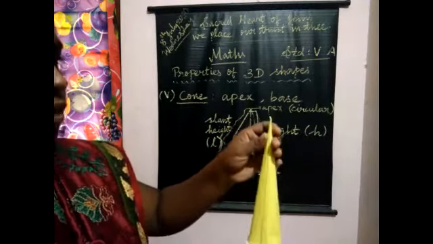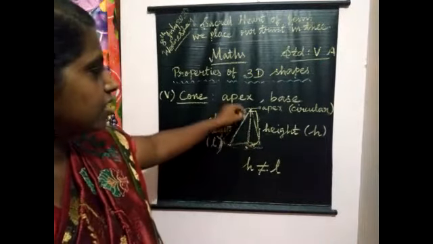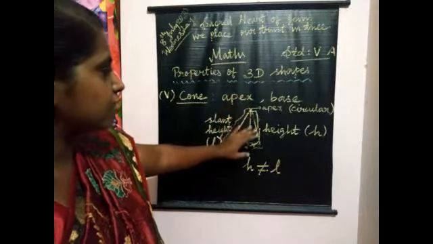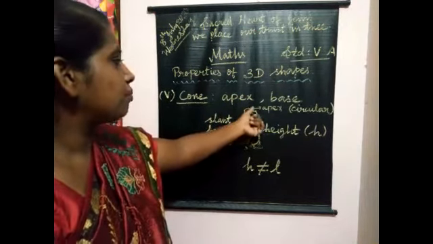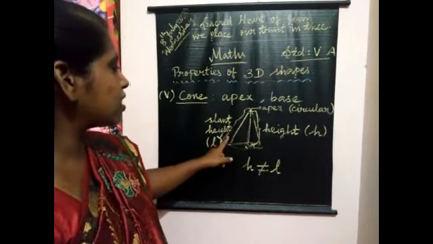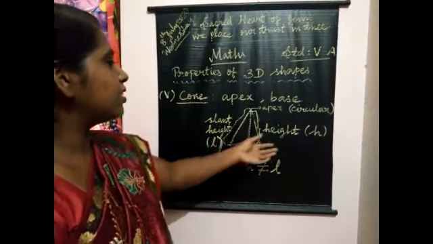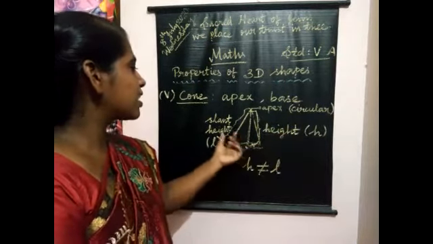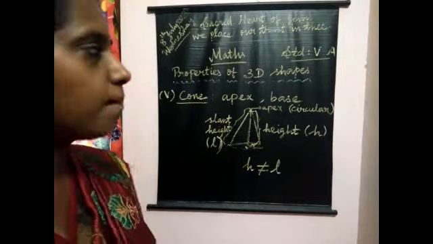One is the actual height of the cone, from the apex to the central point of the base. And if you measure the length between the apex and a point on the circumference of the base, it gives the slant height L, and we can see that the height and the slant height are not equal. So this is the special property of a cone.